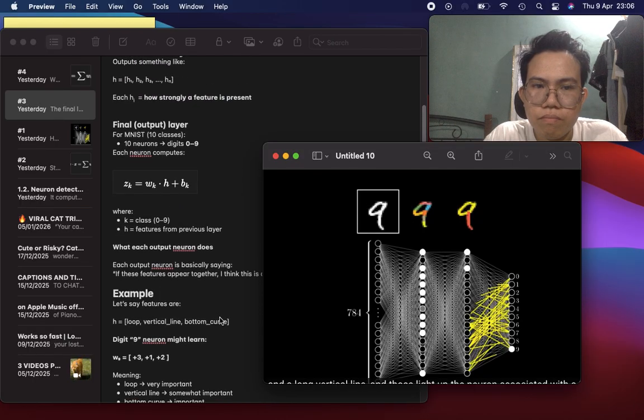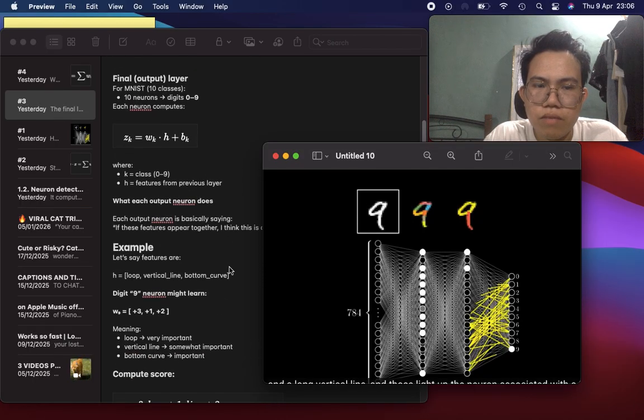So the final output layer, for example in MNIST, has data of the 10 classes that we use, from 0 to 9. It has 1,000 images of handwritten data.